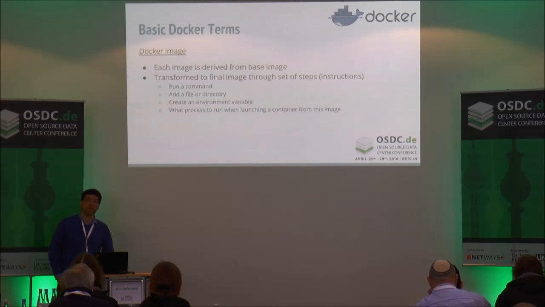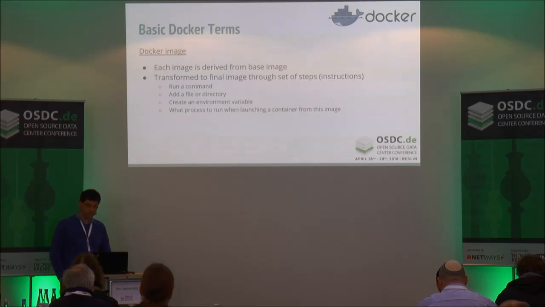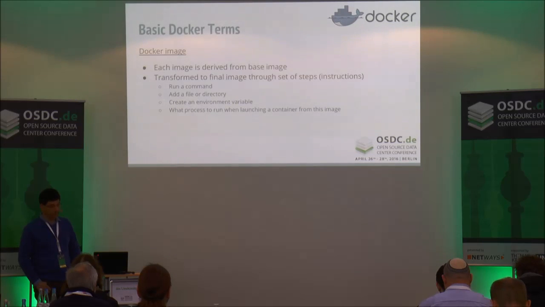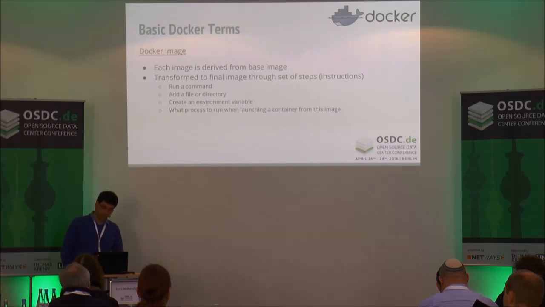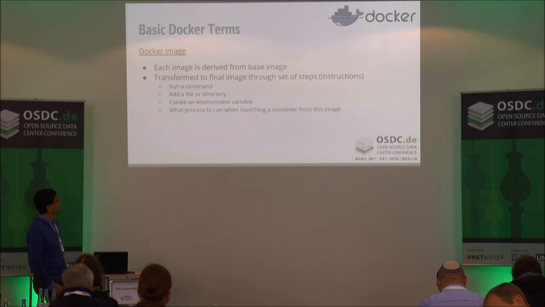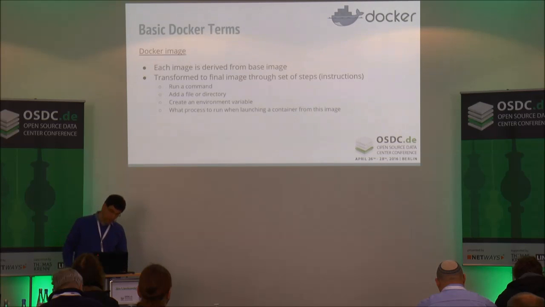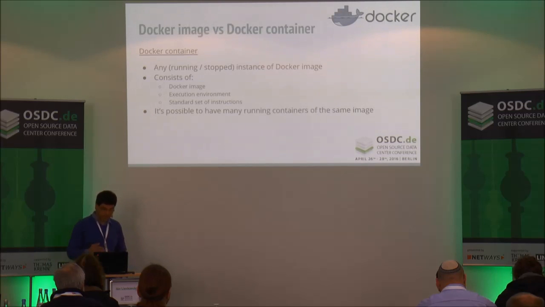About the process of how images are created: all of the images are created or derived from a base image and transformed into the final image via a couple of operations that in Docker terminology are called transactions. These transactions allow performing actions like running a command, adding a file or directory, or specifying a process that would actually be launched when the container is started, the image is started.